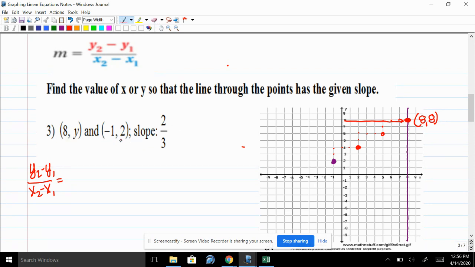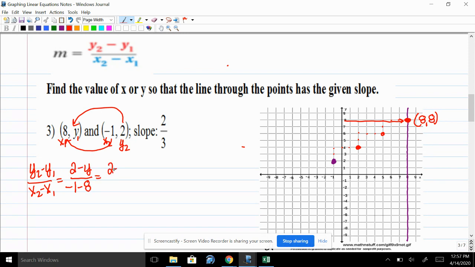This would be your y2. This y that we don't have, I'm going to call y1. This would be your x2, and this would be your x1. So y2, 2 minus y1 on top of x2 minus x1, -1 minus 8.